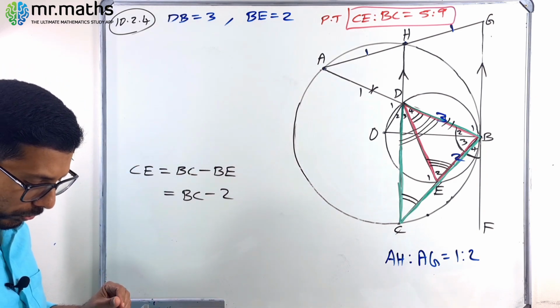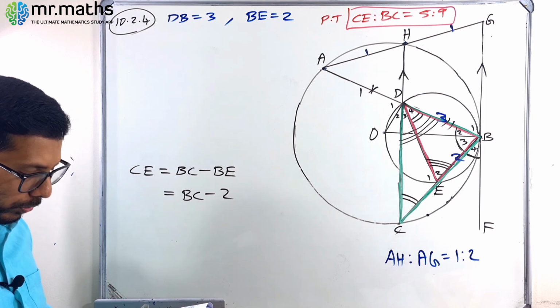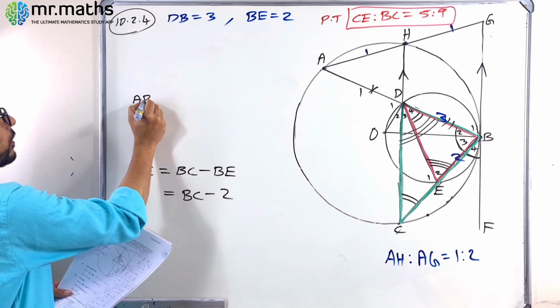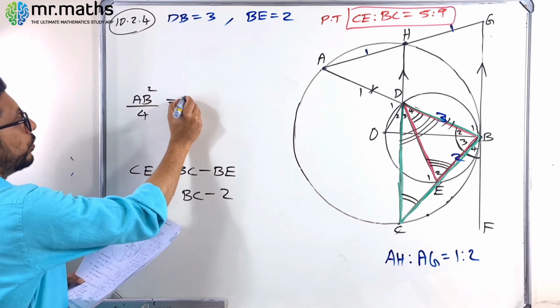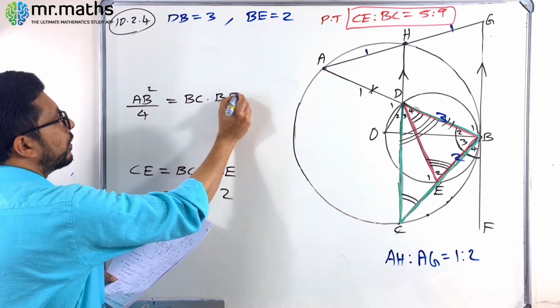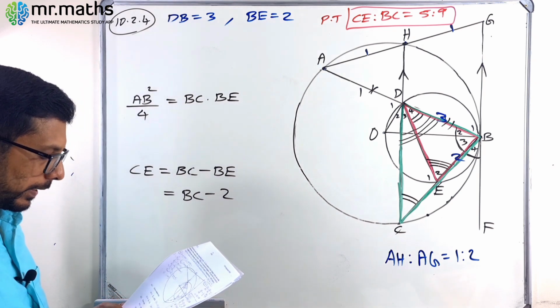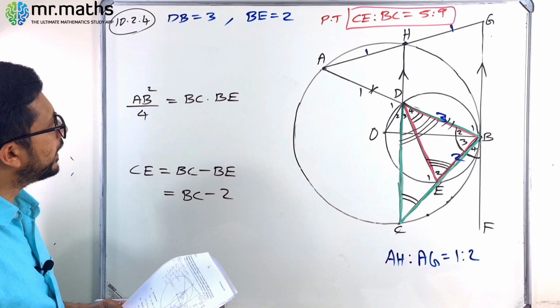So for that, we already proved in the previous question that AB square divided by 4 is equal to BC times BE. Am I right, guys? So from there, what is BE?